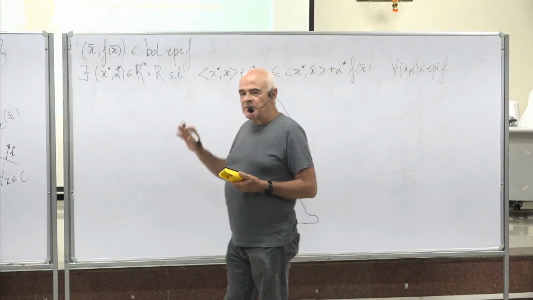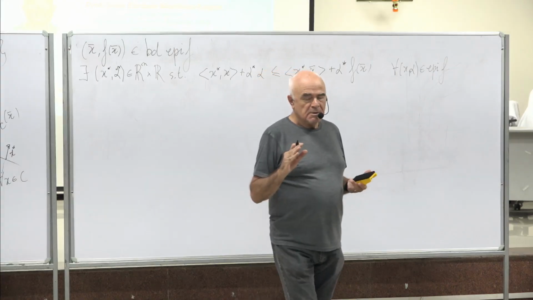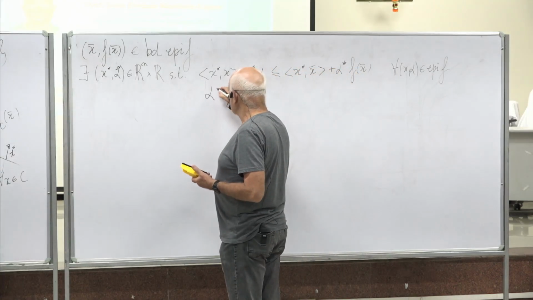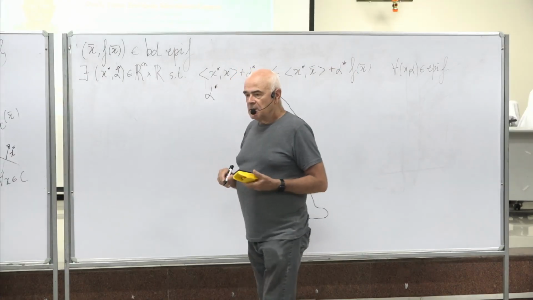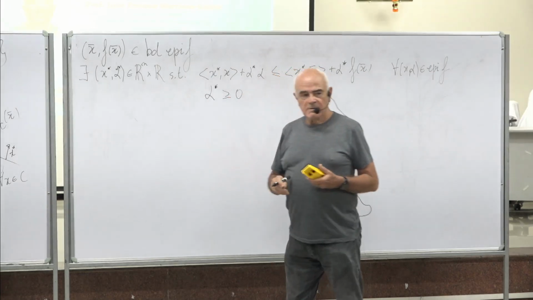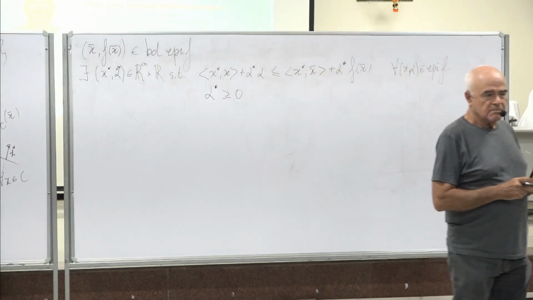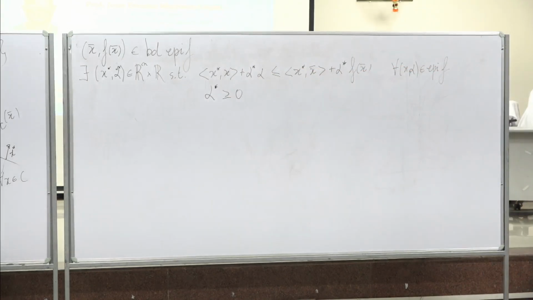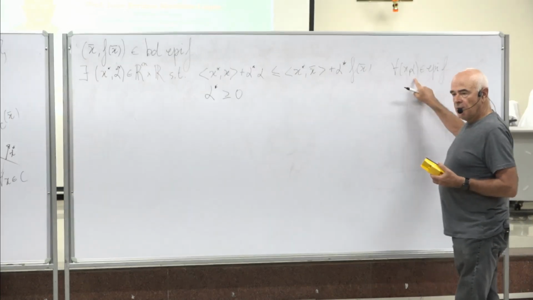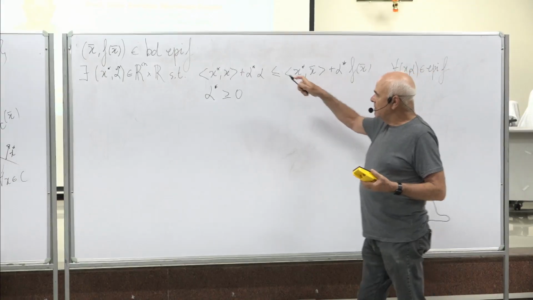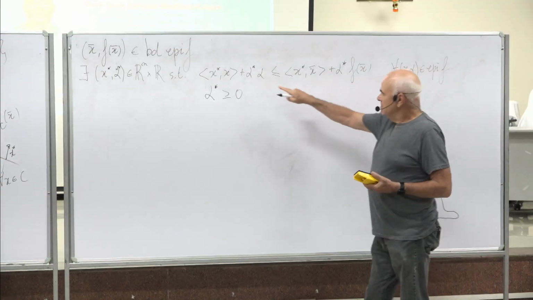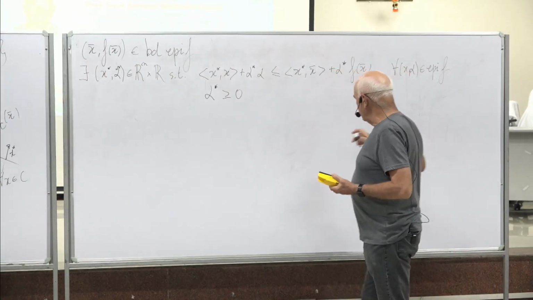Then, first observation, we are going to examine this alpha star. So first of all, this alpha star cannot be negative. Do you know why? So this is true for every x alpha in the epigraph, in particular when you take x equal x bar, it is satisfied for every alpha.